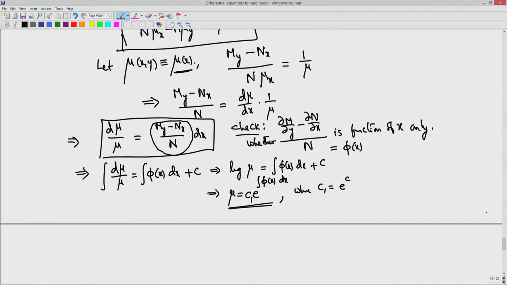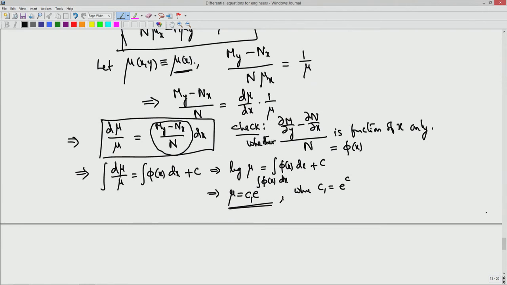So I follow the procedure to get the solution of the non-exact equation, which I made exact by multiplying by mu. How do I know my mu? I check this condition, so that it is only a function of x. If it is, then I solve this equation and get this form.